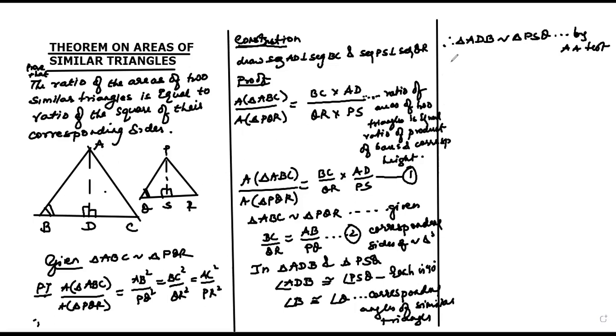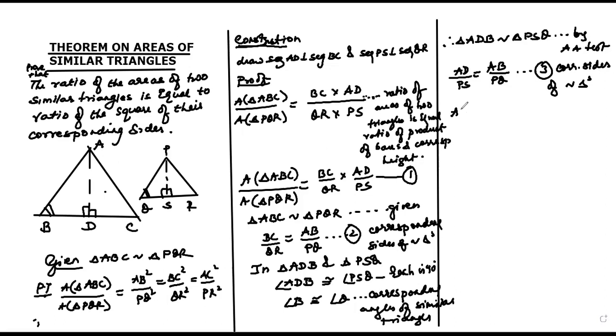Now you can see, children, AD upon PS, what is it equal to? AB upon PQ. Can I call this statement number 3, corresponding sides of similar triangles? So now you can see the first ratio BC upon QR equals AB upon PQ in statement number 2, and the other ratio AD upon PS equals AB upon PQ in statement number 3.